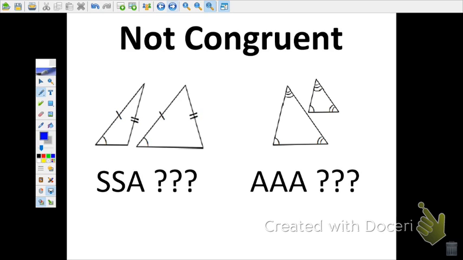The angles are congruent. The sides are not. So those are the two combinations that do not prove congruency. We need to remember those and not use them. Only the 5 shortcuts that we have there in our notebook.